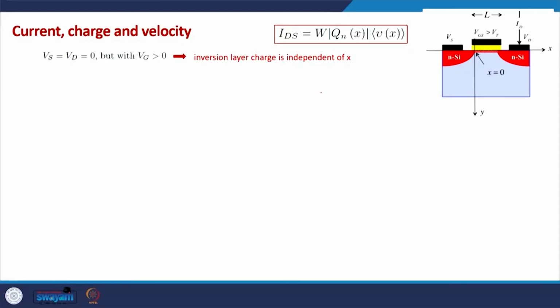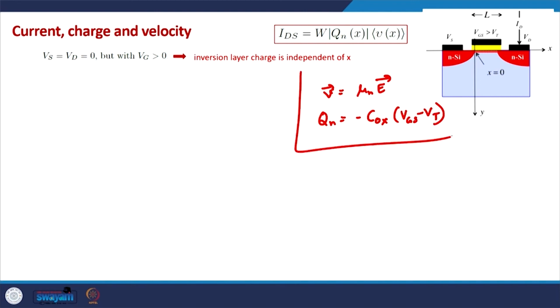I'll let you think more about it. I have told you how the velocity is treated in the traditional approach, and how the charge is taken. Now it must be straightforward for all of you to derive the IV characteristics.